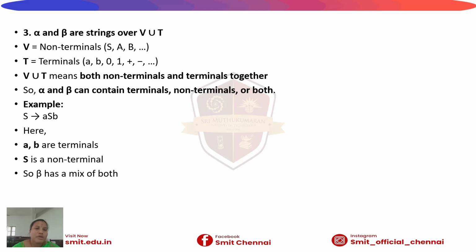So both non-terminals and terminals can be used together. Alpha and beta can contain both terminals and non-terminals. For example, capital S goes to aASB. Here A, B and S are non-terminals, capital letters, so beta has a mixture of both.